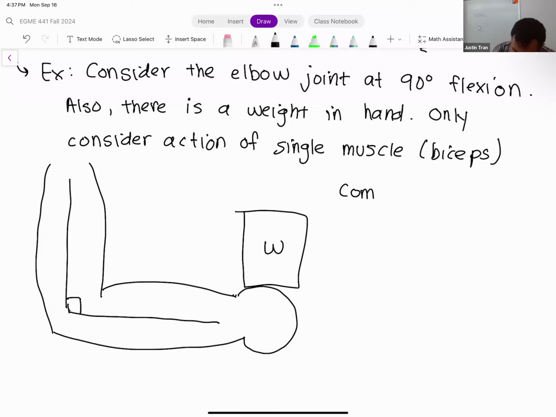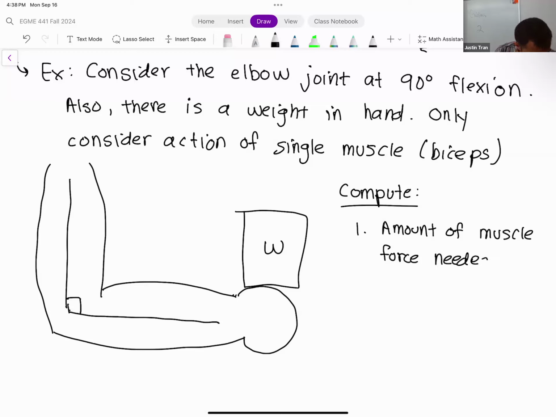So what we want to compute first is the biceps force necessary for supporting this weight. And the other thing that we want to compute, if we assume that the elbow joint is a rigid hinge in this case, we're going to compute the reaction forces at the elbow joint as well.